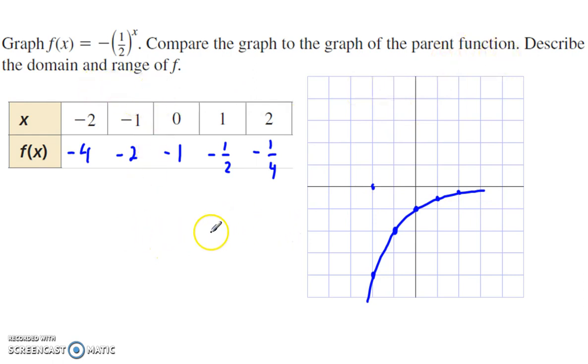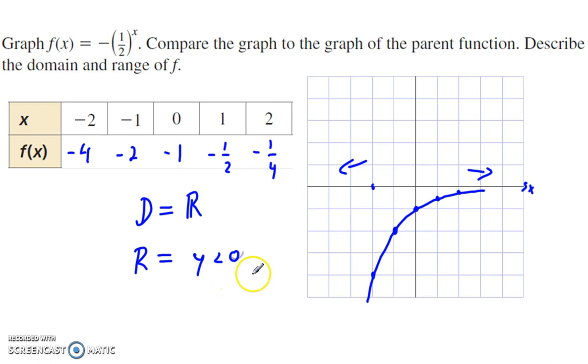Describe the domain and range. Domain is, again, because it keeps going this way and it keeps going that way, all real numbers. And the range, we can see it gets closer and closer to the x-axis. Right, here's the x-axis, but it never touches the x-axis. So it's y is less than 0.